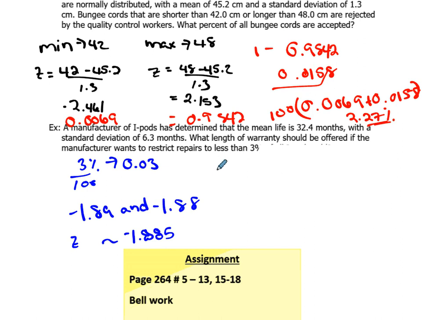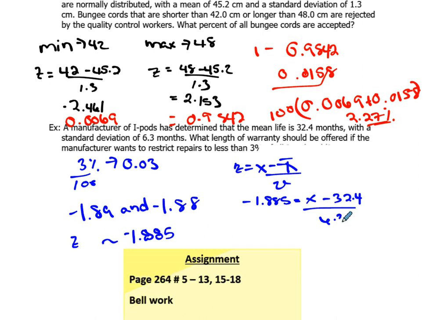So now that I have that, I can use my Z-score formula, where Z is equal to X minus the mean over my standard deviation. So in this case, Z is negative 1.885. X is what we're looking for. My mean in this case was 32.4. And my standard deviation was 6.3. So we're going to multiply negative 1.885 by 6.3.